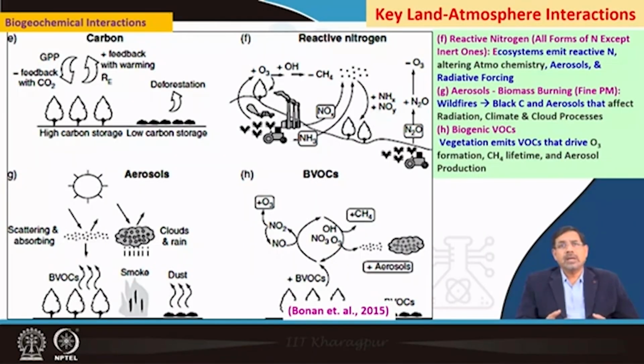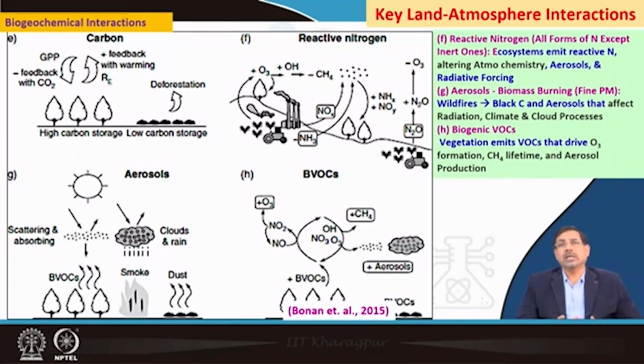So where do these aerosols come from? They come through different routes, particularly biomass burning through fire, and the particulate matter emitted because of wildfires. So the black carbon, the aerosols that affect radiation, climate and cloud processes.